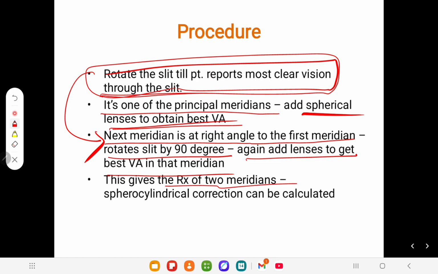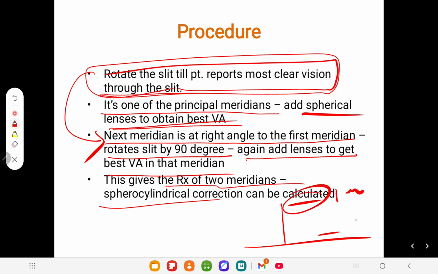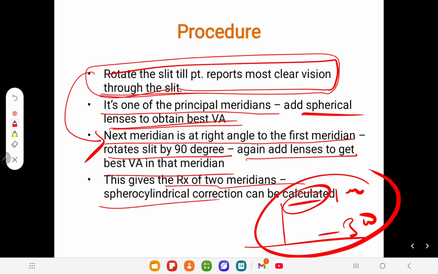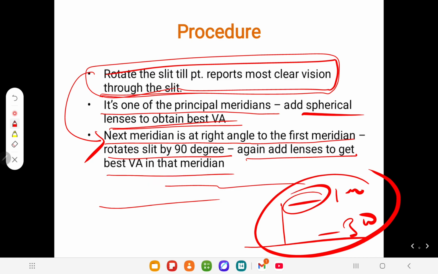This gives the Rx of the two meridians, isn't it? In one meridian you put a spherical lens for best vision, that is this meridian's power. Again in the other meridian you put power, that is this meridian's. Now you have the two powers of the two meridians. Suppose for example this is -1 and this is -3, isn't it? Refraction finished. Then just calculate it. So basically the stenopeic slit is quite simple.